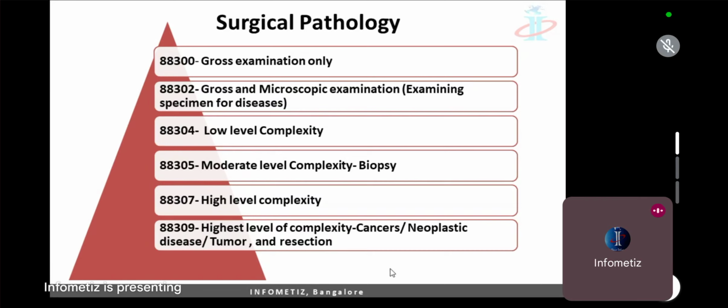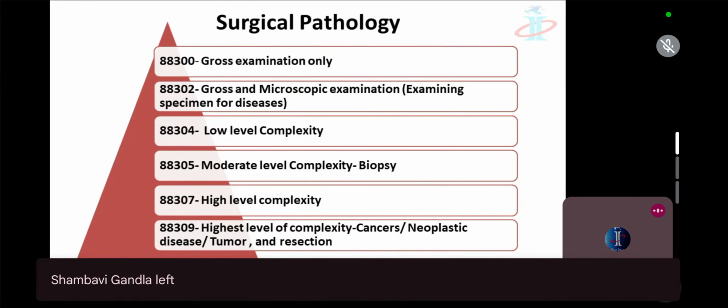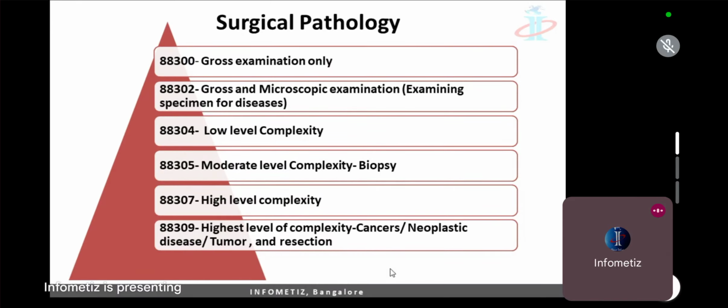Why have they taken the sample? If it is for a normal disease, it will come under 304, 305. If it is cancer, which is the scariest thing, the biggest, severe disease, that is 309. Just have a look at the 309 list. Go to 88309 and check the samples there.